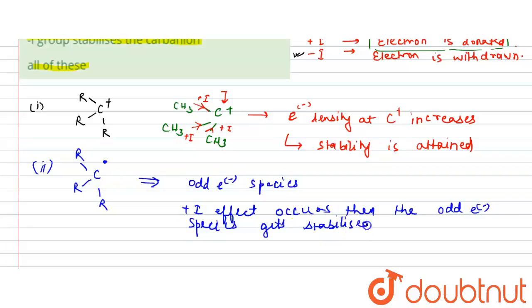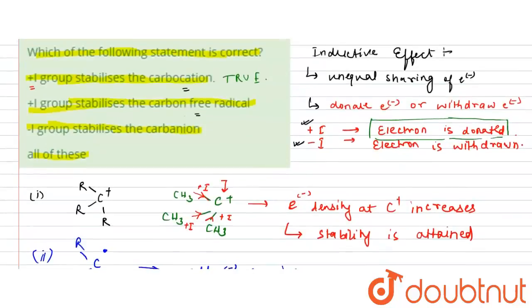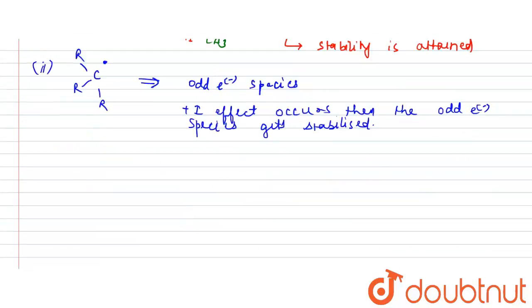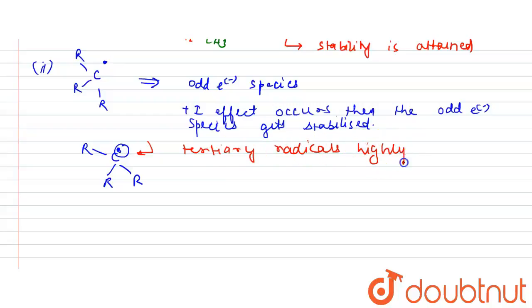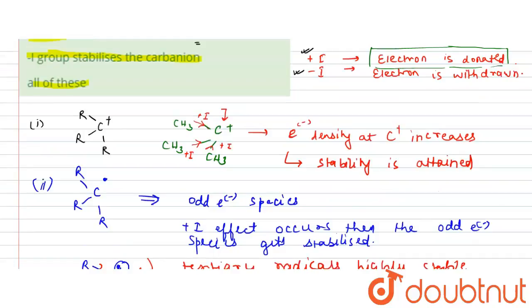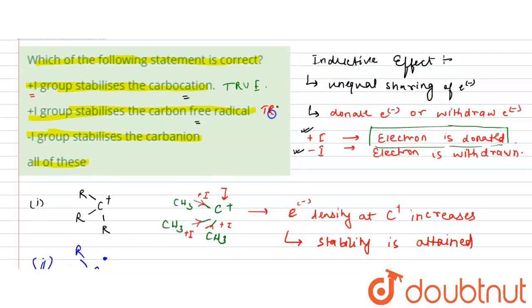You know very well that due to hyperconjugation as well as the plus I effect, these tertiary radicals, odd electron species, are highly stable. Tertiary radicals are highly stable due to the plus I effect of these alkyl groups. So this is also a true statement: plus I group stabilizes the carbon free radical.